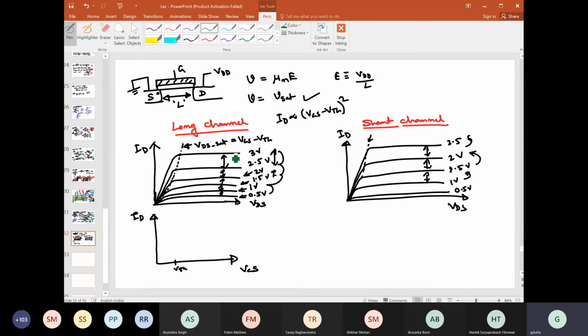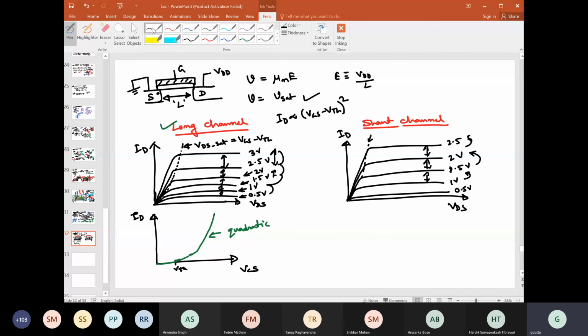Once the transistor is operating in the saturation region, the relation between ID and VGS would be non-linear, or quadratic. So you can expect that for some region it will be like this, and after that it will increase in a quadratic way. Right, this is for long channel.